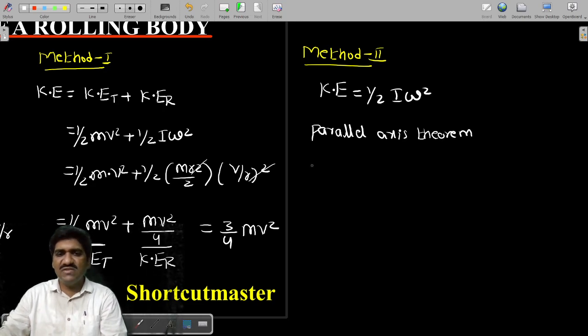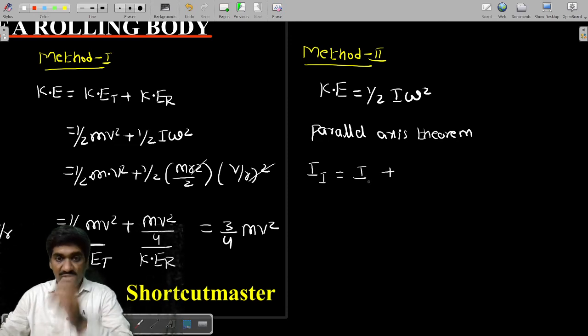By applying the parallel axis theorem, the moment of inertia about any point equals the moment of inertia about the centroid axis plus mass multiplied by distance square.